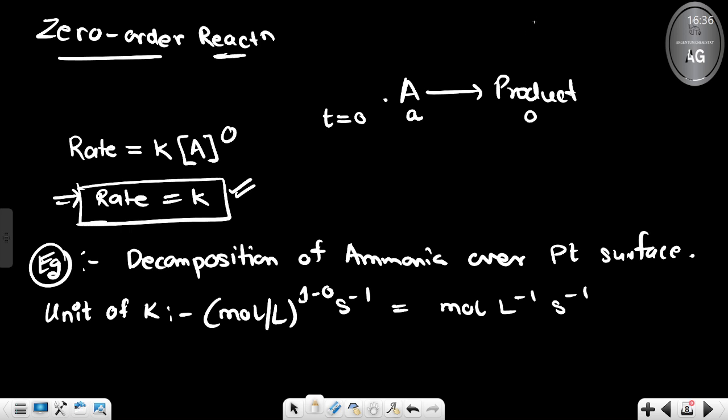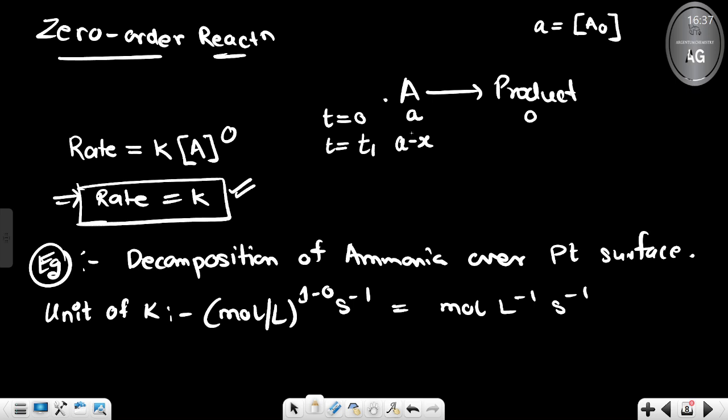This value of a, I am assuming as the concentration A0. At a certain time t, x number of moles are dissociated.